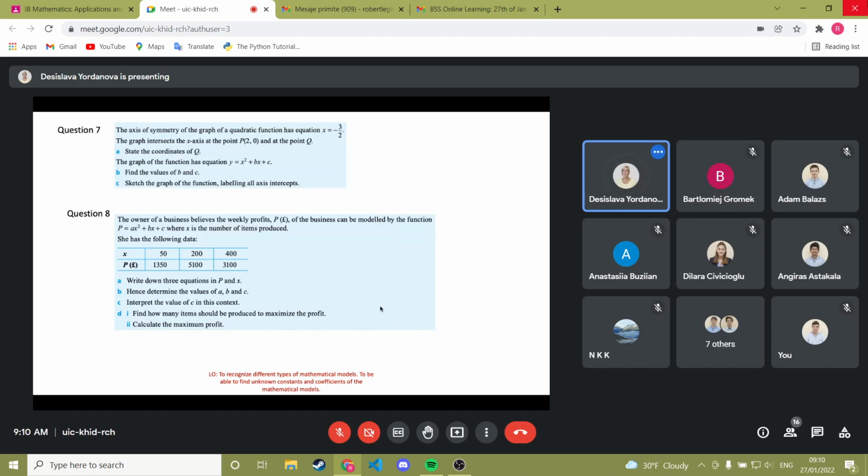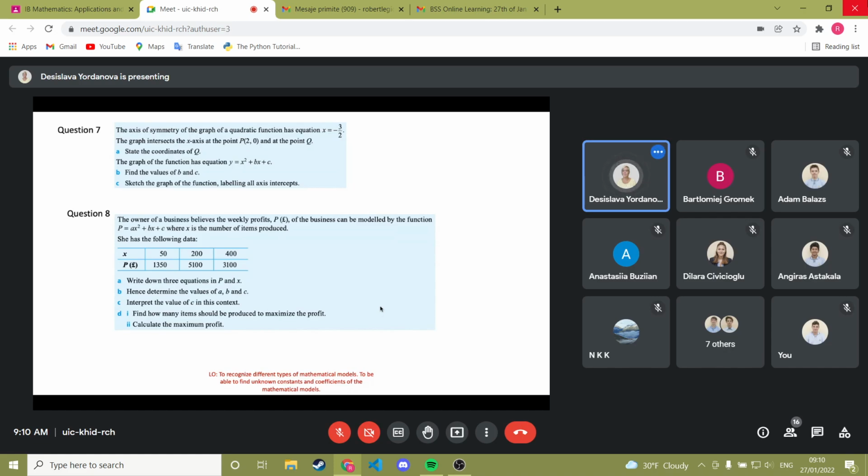When is P equal to C? At x equals 0, I think. Okay, so the value of C shows us what's the profit if you do not produce any item, because X is the number of the items produced.